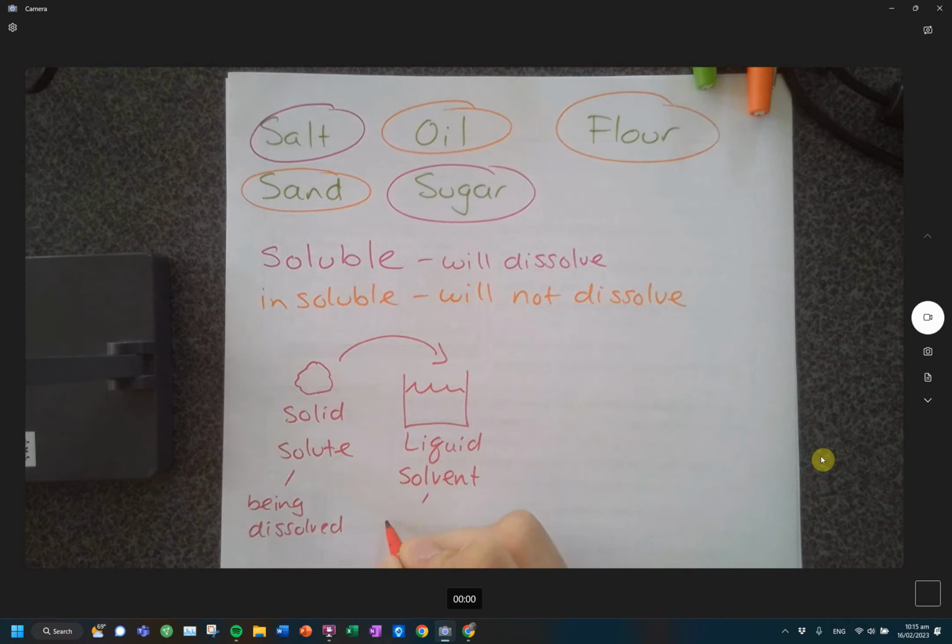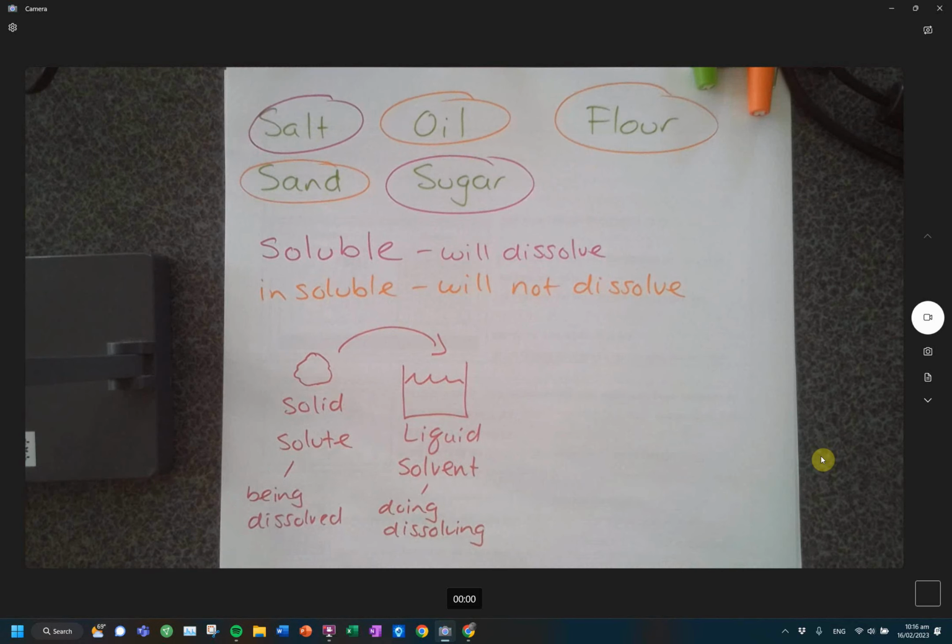And the solvent is doing the dissolving. Does this ring a bell? Hopefully. The way I like to remember it is the solute is saluting as it jumps into the water, and the solvent is venting to it to hurry up and dissolve.